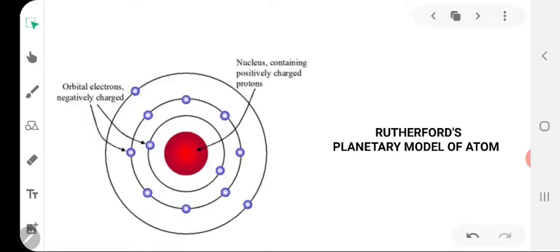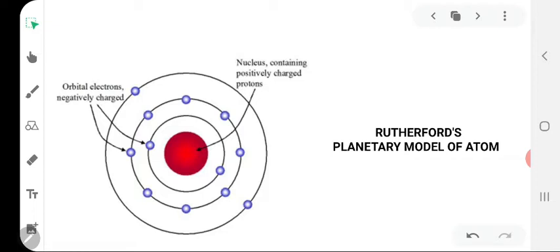In the previous video lesson, we had studied about Rutherford's model of atom. We had seen how, after successfully conducting the alpha particle scattering experiment, Rutherford had proposed the planetary or nuclear model of atom.